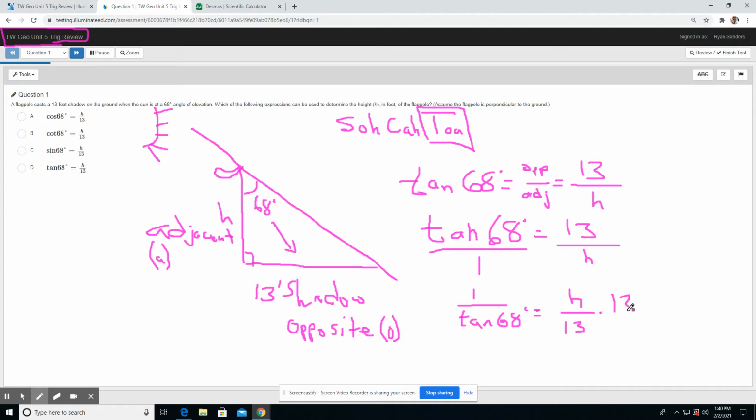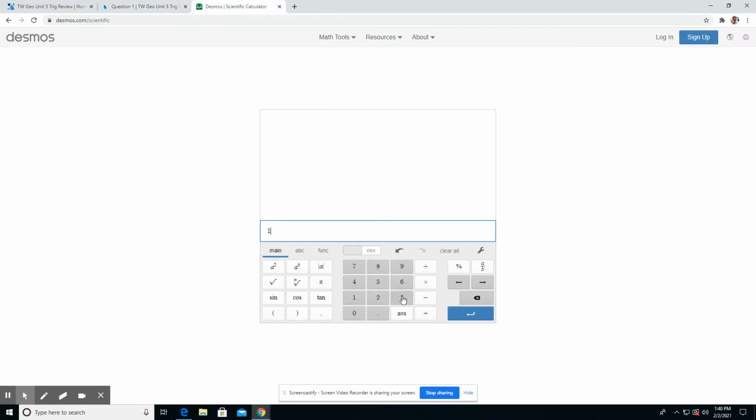Multiply both sides by 13, and we now have h is equal to 13 over tangent of 68 degrees. Okay, so let's go ahead and type that in. I already have my calculator right here. 13 divided by tangent of 68, and confirm you're in degree mode. We are in degrees.